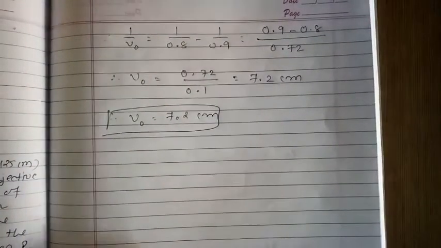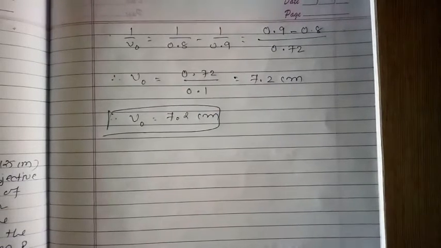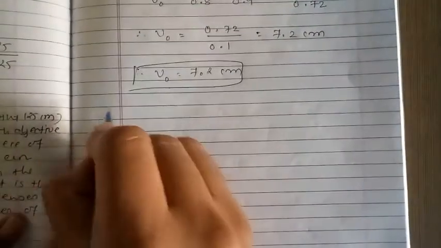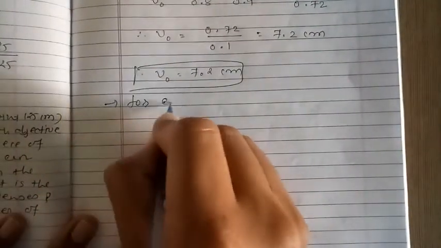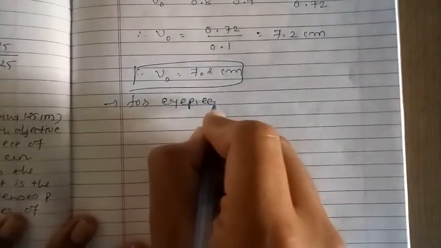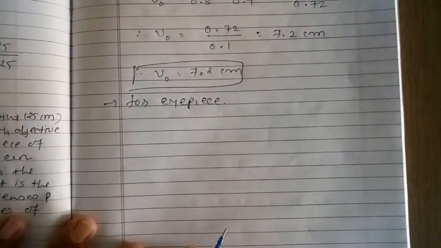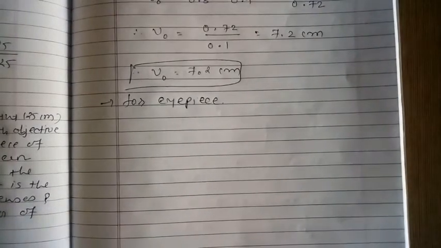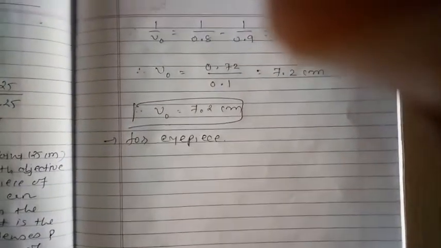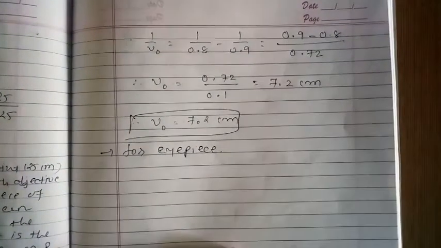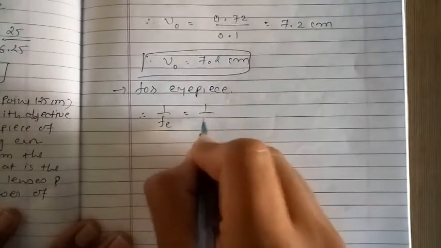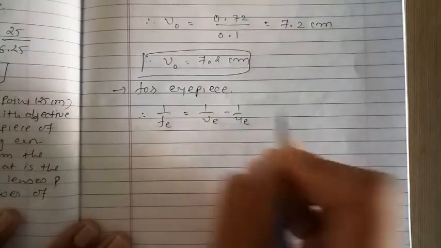Now we know the value of VO. Now we have to find UE, the object distance from the eyepiece. So now for the eyepiece, we know the formula 1 by FE is equal to 1 by VE minus 1 by UE.